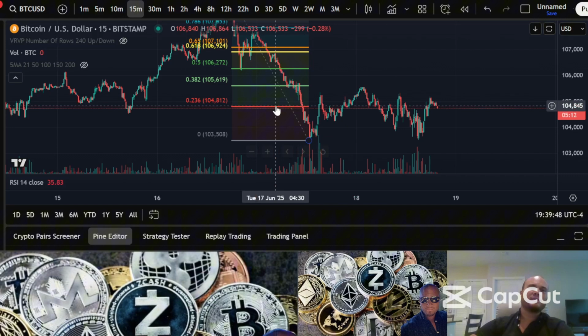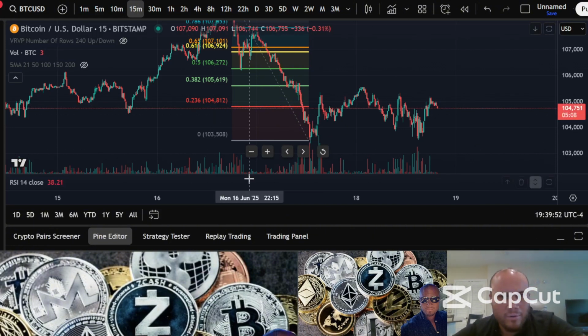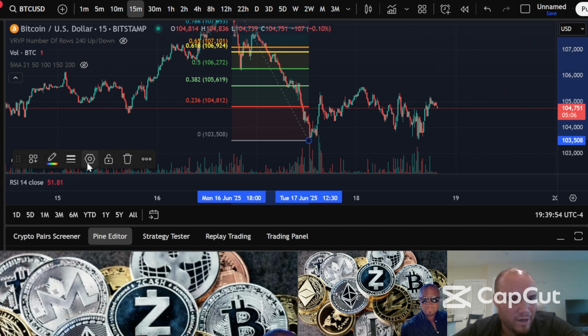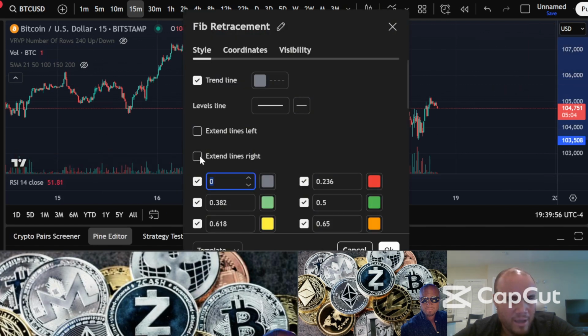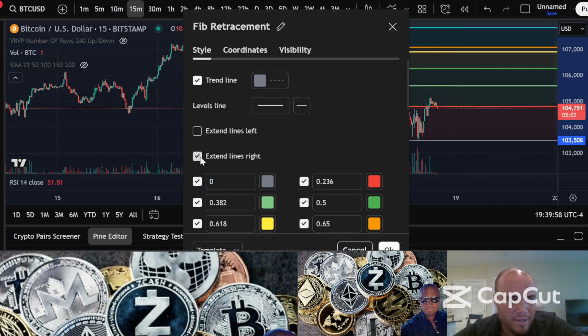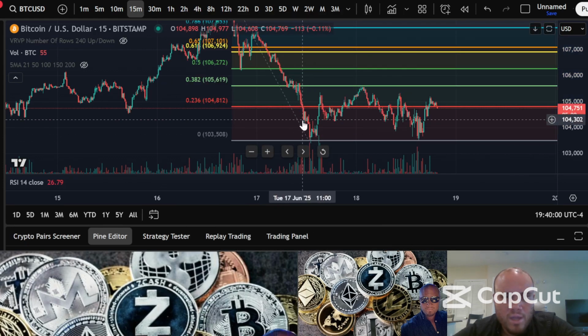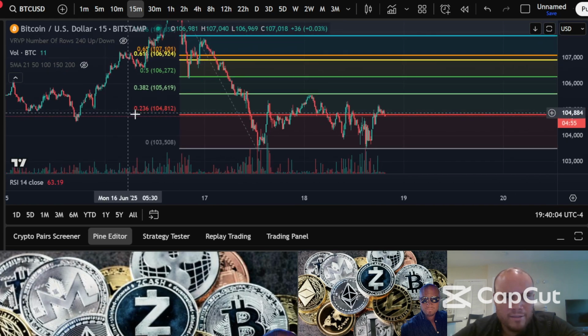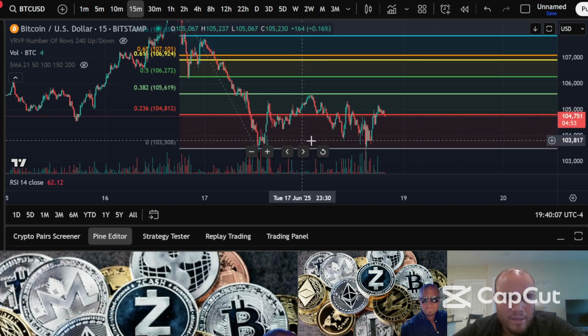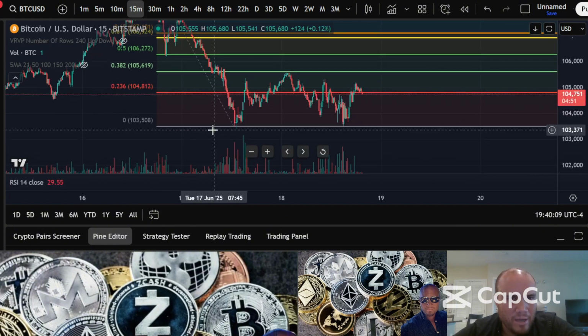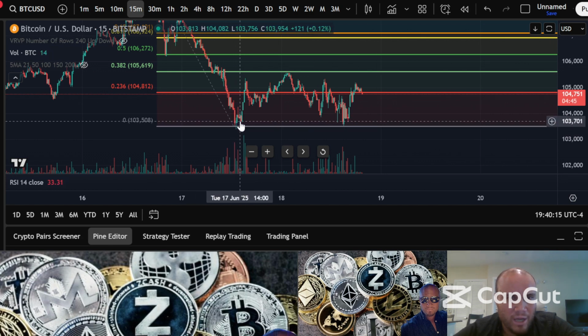Now, you can still use this Fibonacci tool here because, as you can see, if I extend the lines to the right, which I'm going to do for you right now, I click extend lines to the right, you can still use this swing low and this swing high to trade off of. You know that Bitcoin at $103,000 is a good area to be buying because that's the swing low.